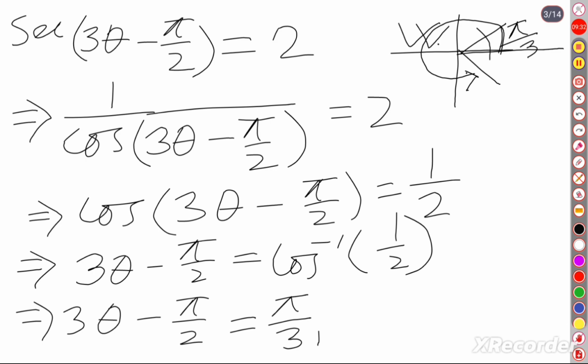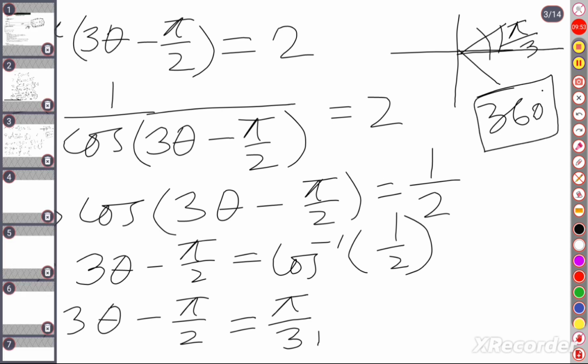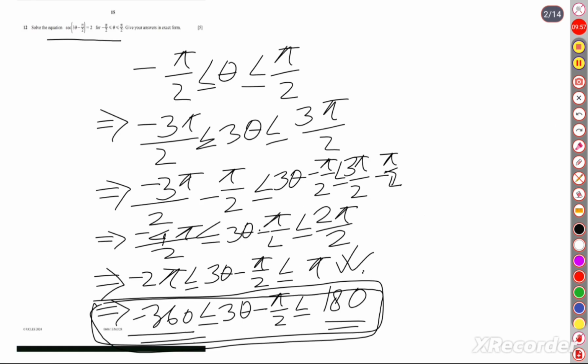We can only choose the first quadrant. In the fourth quadrant we cannot get one, because the fourth quadrant means it will be more than 270 and 360 or less. No way we can go to 360, because for positive angles our domain was 180 degrees.